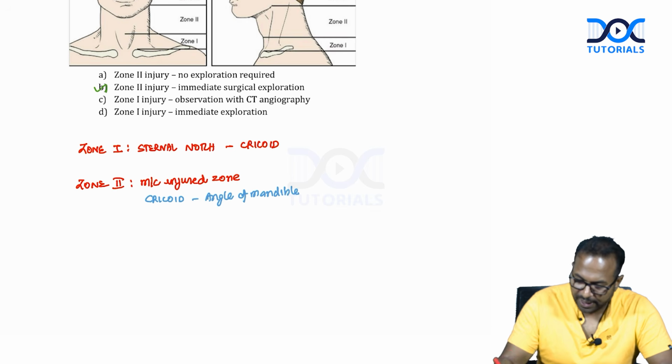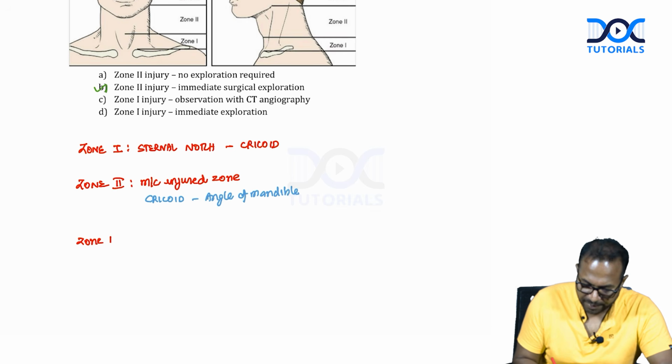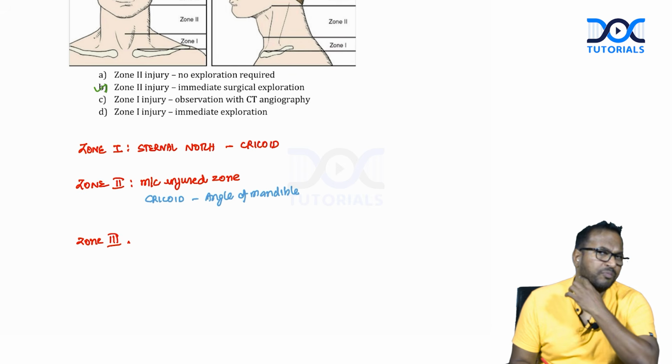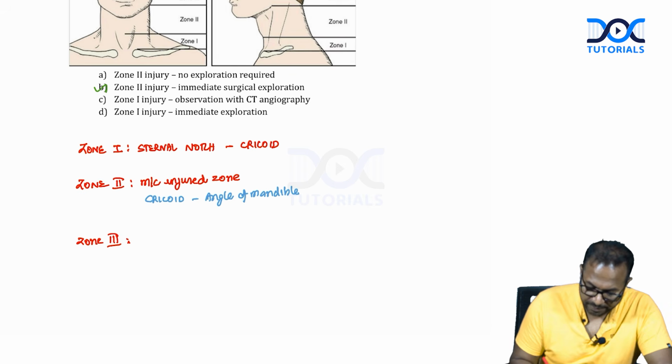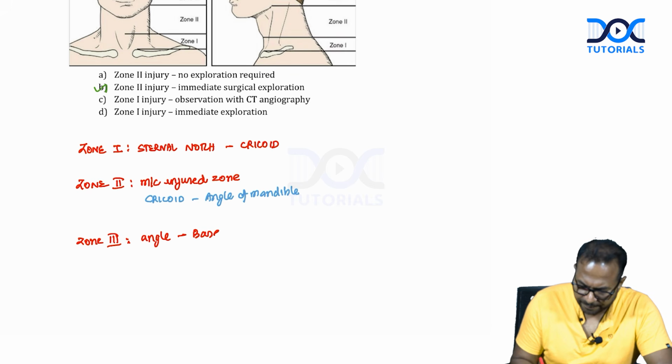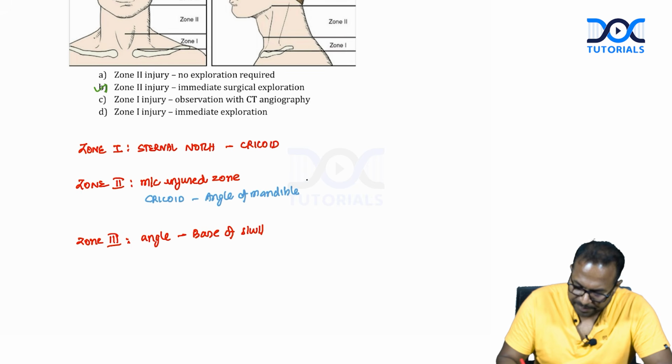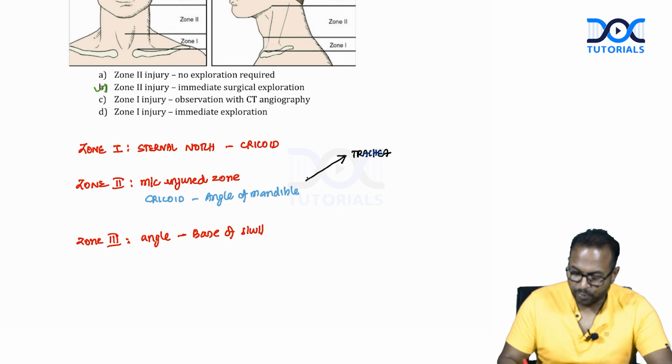And zone 3 is from angle of mandible to base of skull. In zone 2, majority of the structures are seen. The trachea can be injured in zone 2.